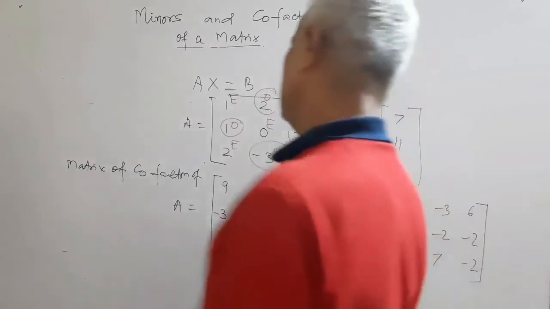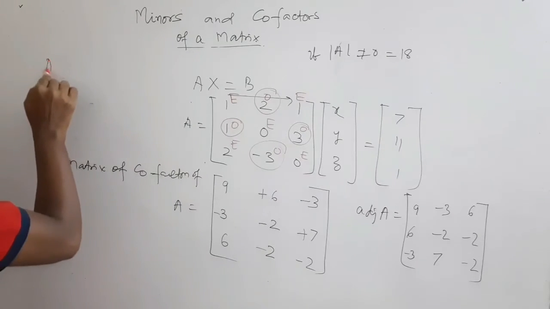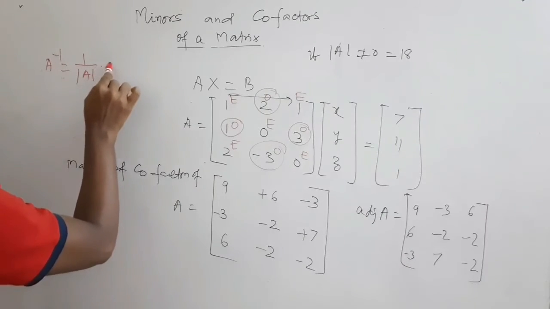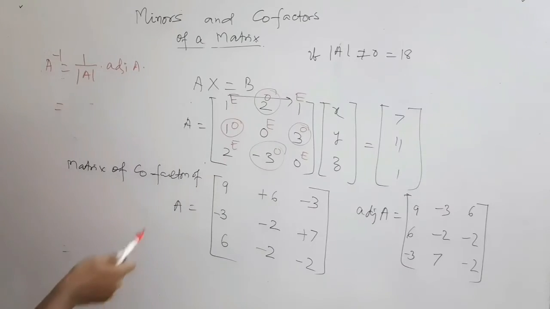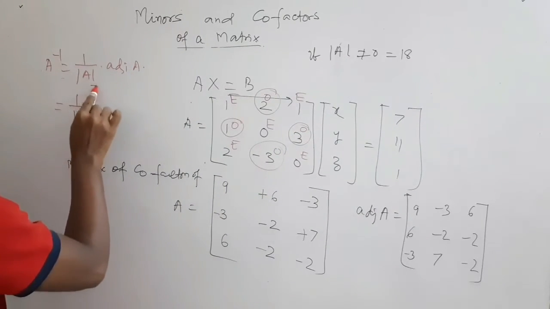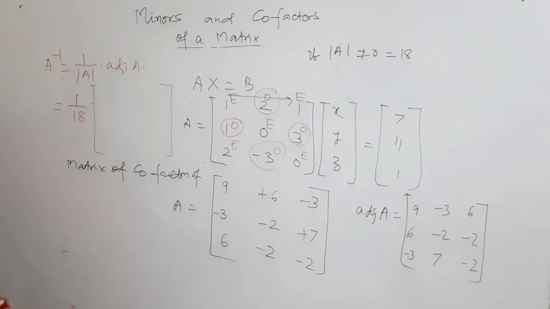And now the final term, A inverse. What is A inverse? A inverse is 1 over determinant A into adjoint of A. So what is 1 over 18? And then I have little space here, so I'll just squeeze the elements.